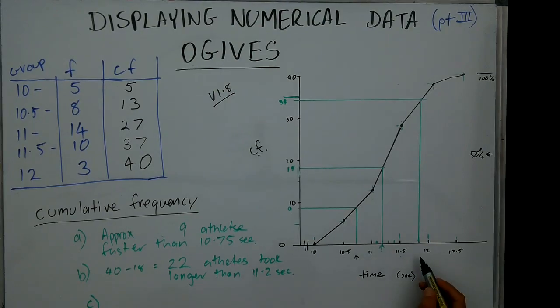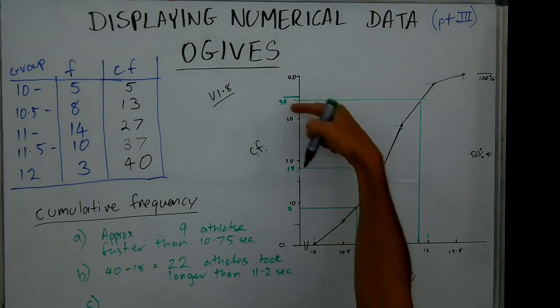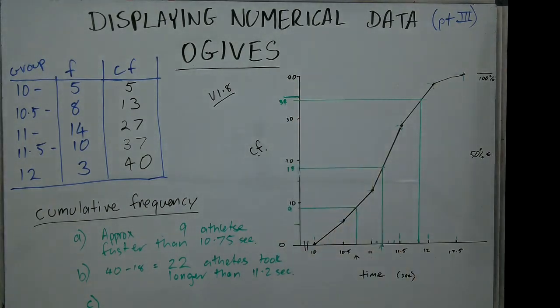So what fraction of athletes finished in less than 11.8 seconds, so that's all these people. We've got 34 out of 40, and I think we can probably reduce that fraction a little.